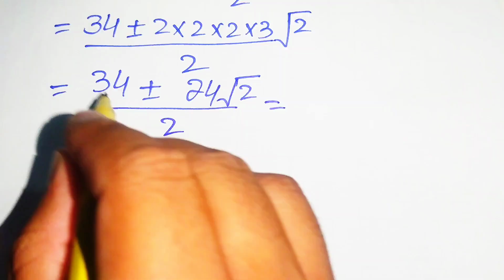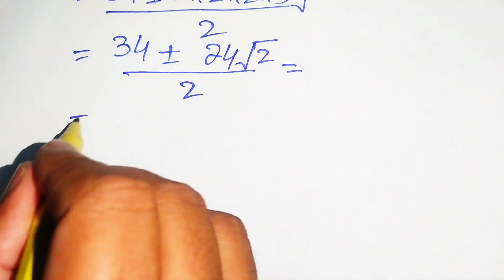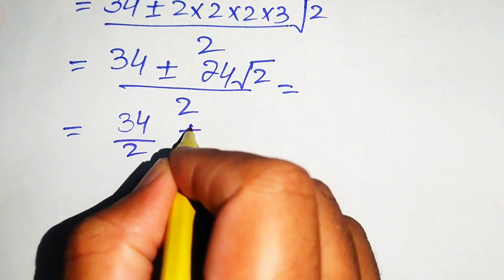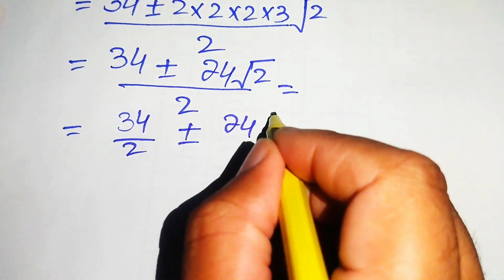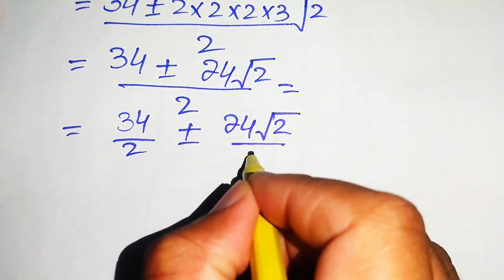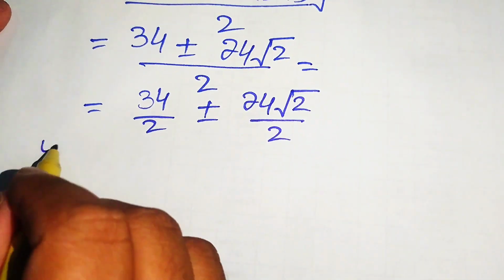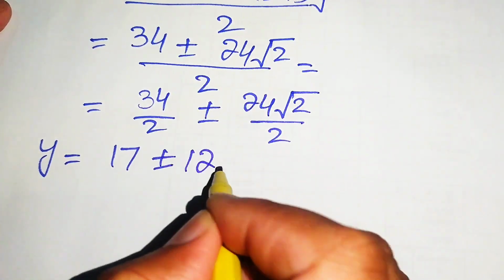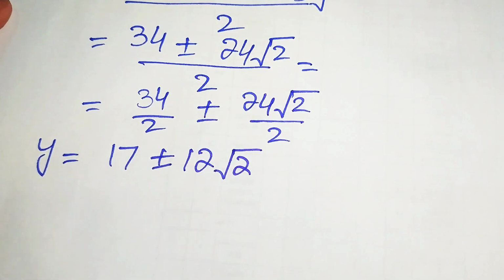Here we separate these two terms and write 34 over 2 plus minus 24 times the square root of 2 over 2. So this becomes y equals 17 plus minus 12 times the square root of 2.